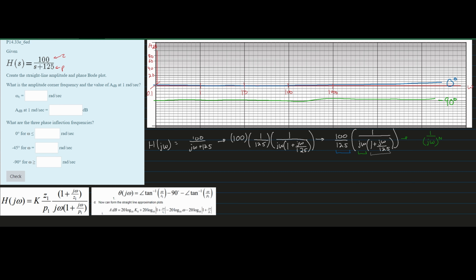Now, to figure out this next part, we're going to look at the notes. So we have 1 plus j omega over 125, and then we have our n out here. Now, looking at the notes, since we have a p, remember this 125, what it really is is a p. So I'm just going to rewrite that so it's a little bit easier to see.